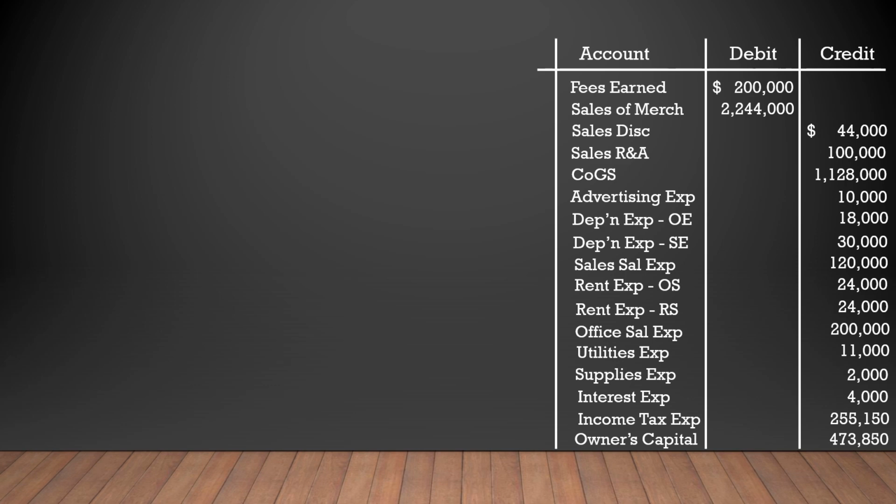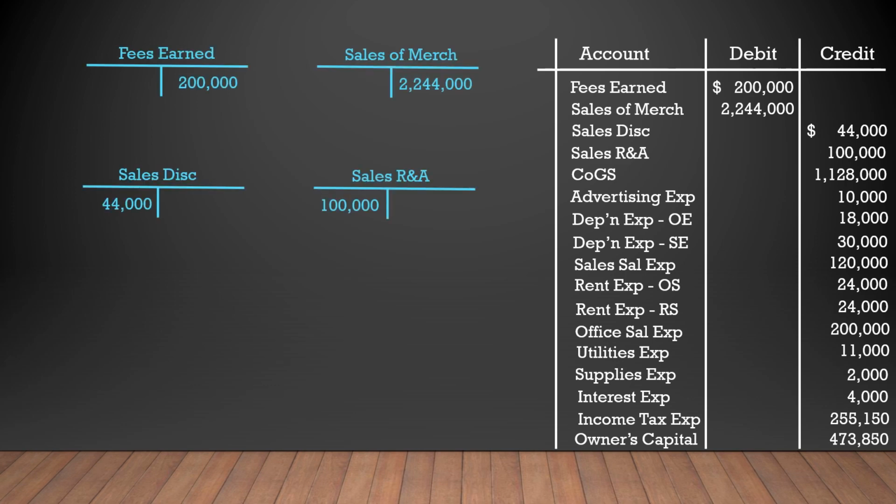Picture the T accounts for our revenue and contra-revenue accounts. They have their respective debit and credit balances prior to this entry. The debits to fees earned and sales of merchandise reset them to zero.